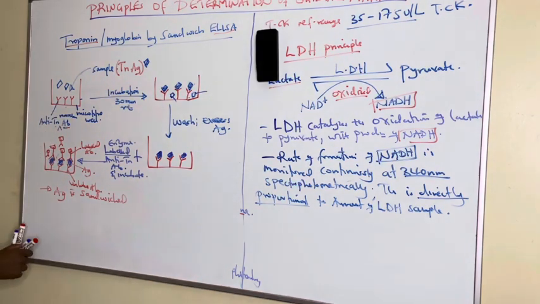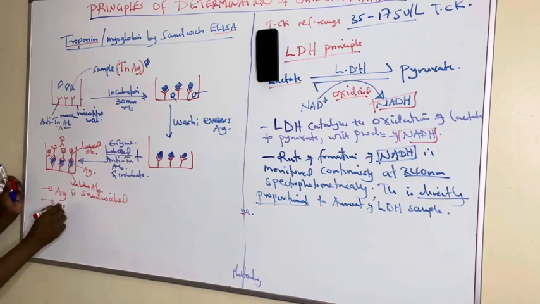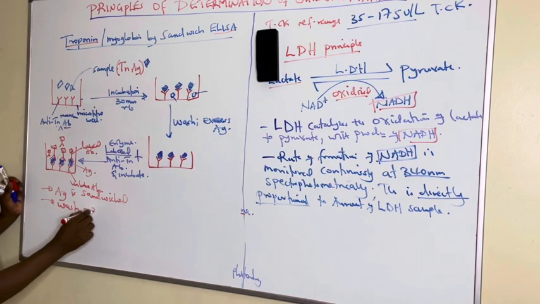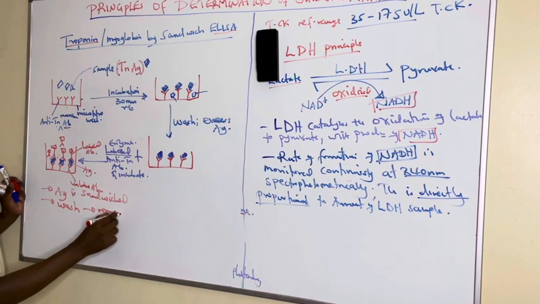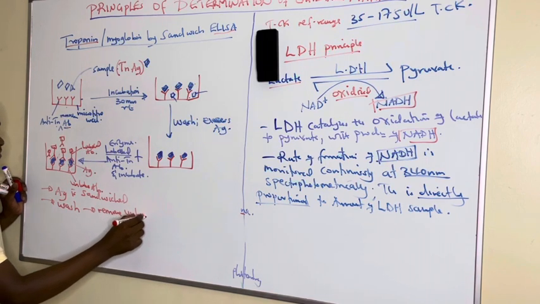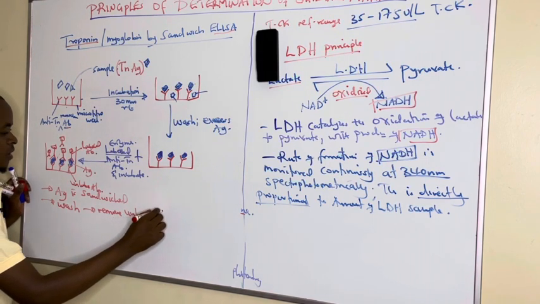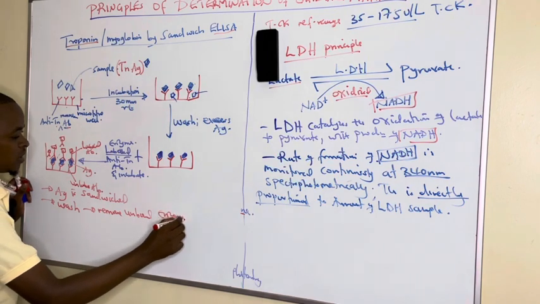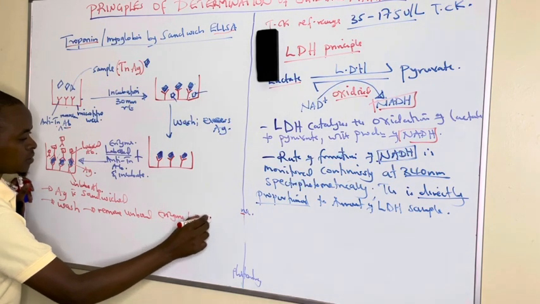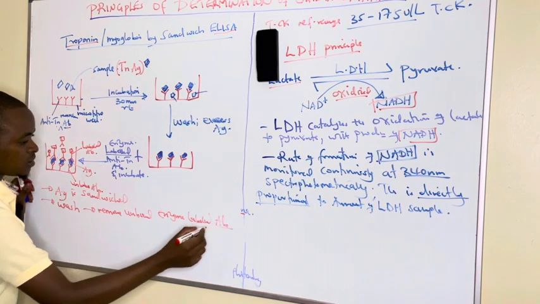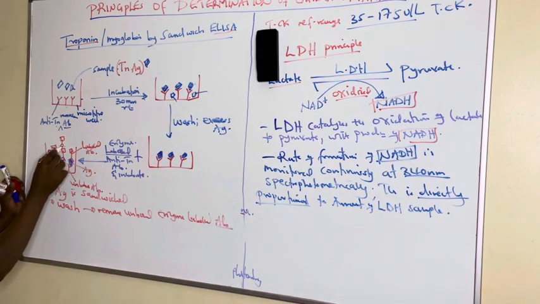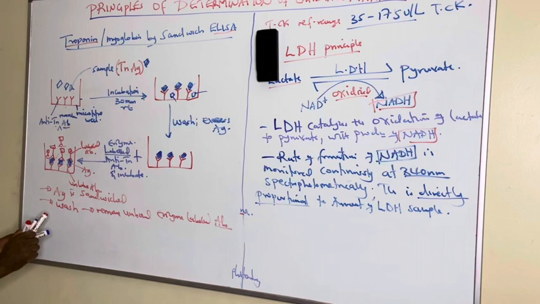After this, it is followed by washing. And why are we washing? To remove the excess, unbound enzyme labeled monoclonal antibodies, which never got where to bind. We wash and we remove them.